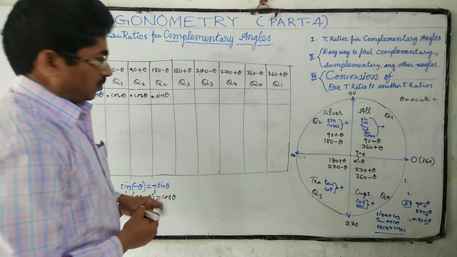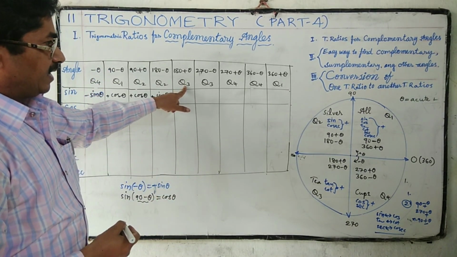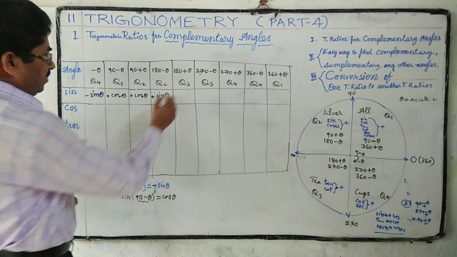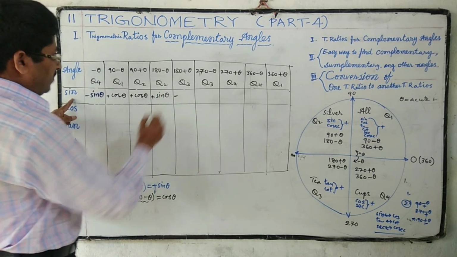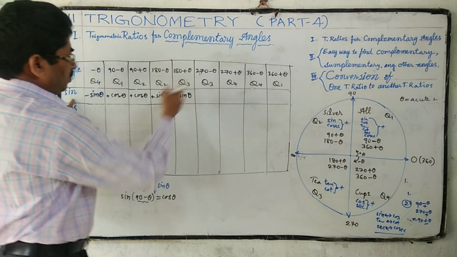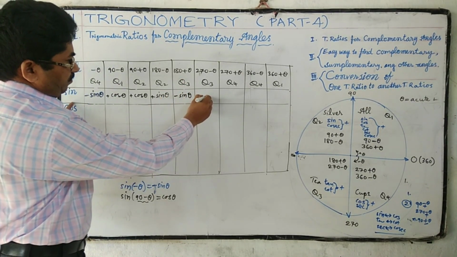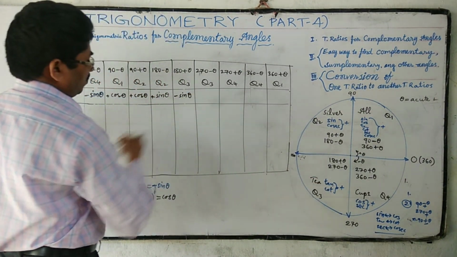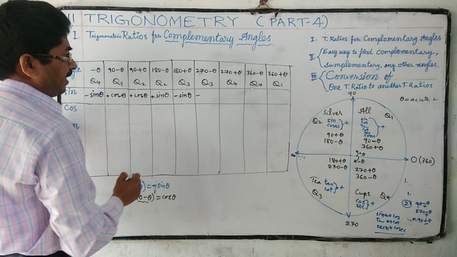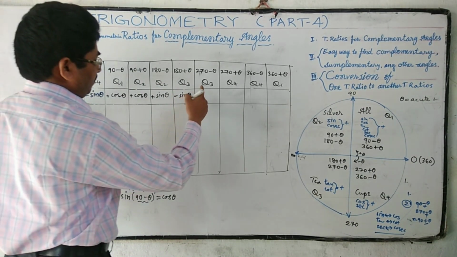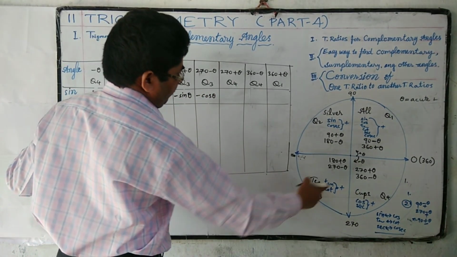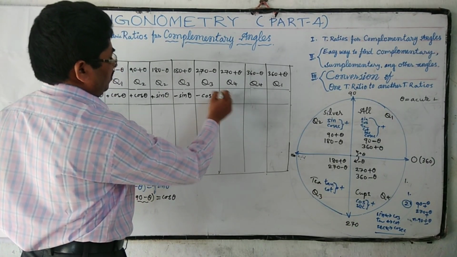180 plus theta, third quadrant, all silver T, tan and cot only positive. So that's why we have to write minus sine. Sine 180 plus theta is minus sine theta. Sine 270 minus theta, this is also the third quadrant, minus, and also we have to change the function: minus cos theta. 270 plus theta, fourth quadrant, in this also negative.